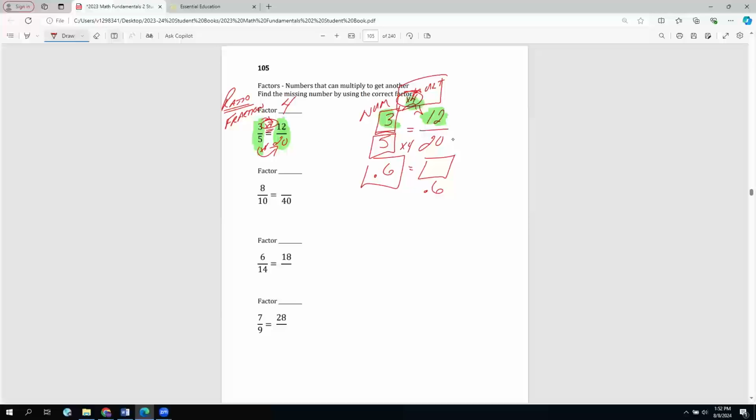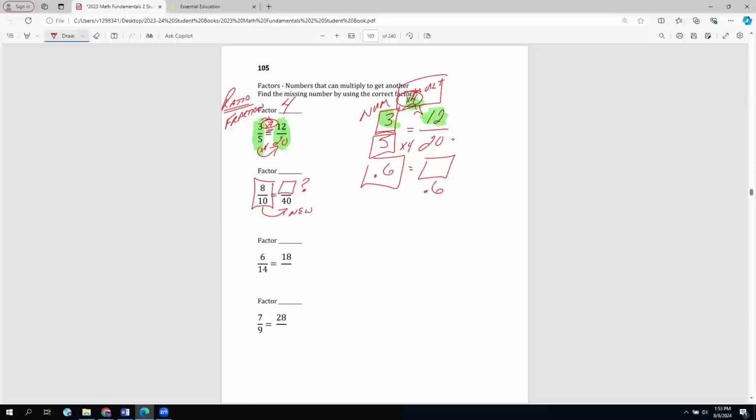Let's try again, okay? In this next situation, I give you 8 of 10. And I say, hey, let's go ahead and change it. Now you'll notice that when you look over to the right, where's the numerator? It's missing. Yeah, I didn't give you the numerator, but notice that I did give you the new denominator.